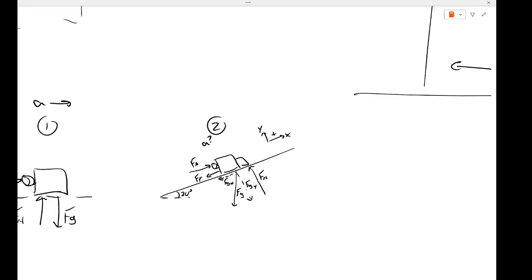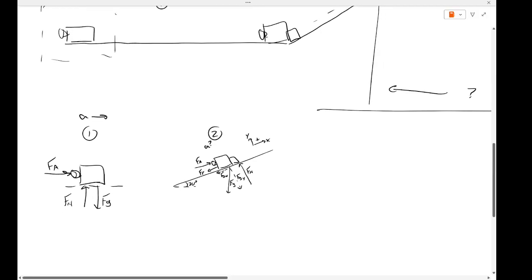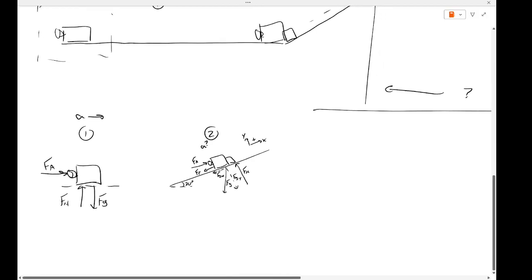It's going to depend on some other factors. We're going to figure that out later, but we do know that we're going to have to sum the forces and determine which way we're accelerating. This thing hopefully is going to get to the end of the ramp and take off, but we don't know if it's going to slow down on the ramp or if this thruster is pushing hard enough to keep speeding it up. Nonetheless, those are our forces in the free body diagram that we'll come back to later.